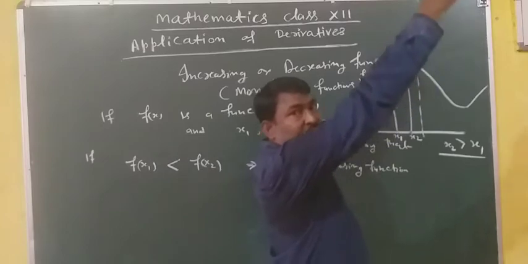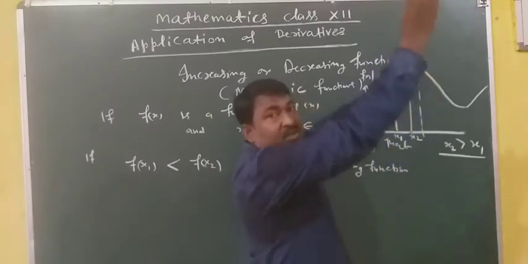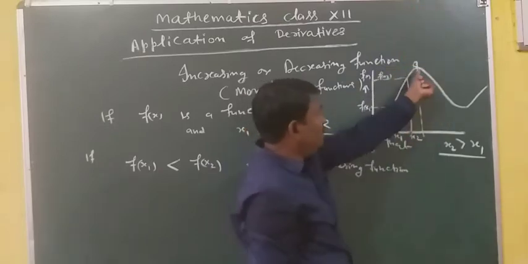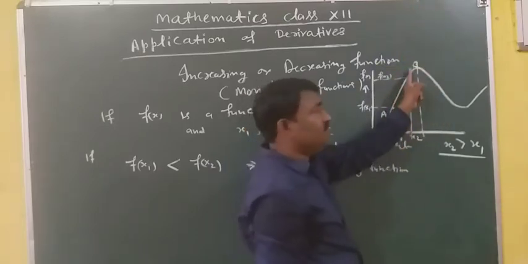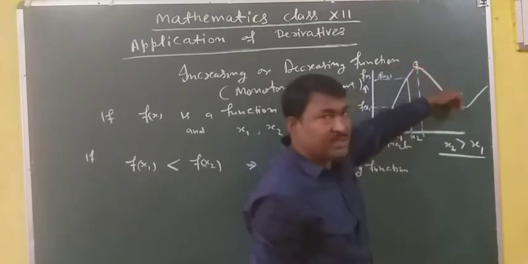Reaching towards the top, it tends to increase its value. In this other section the value is decreasing.